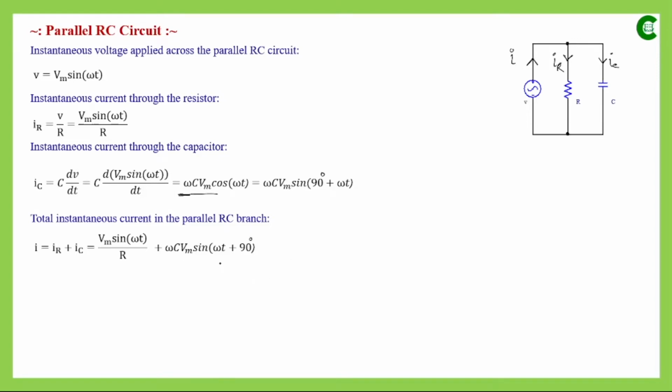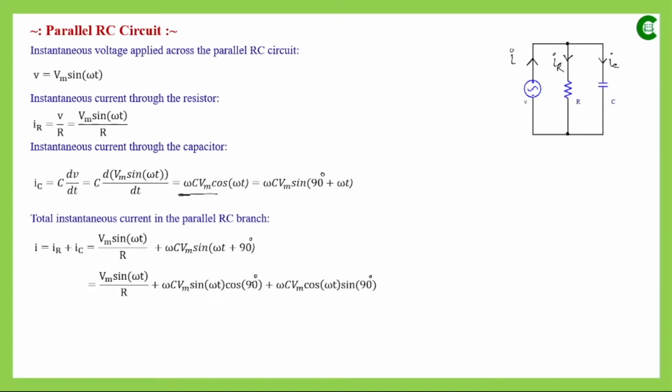Next we will expand this compound angle by following the trigonometry formula. The first term will remain the same, and the second term we write as sin A plus B, which is sin A cos B plus cos A sin B. So it will be sin omega t cos 90 degree plus cos omega t sin 90 degree.